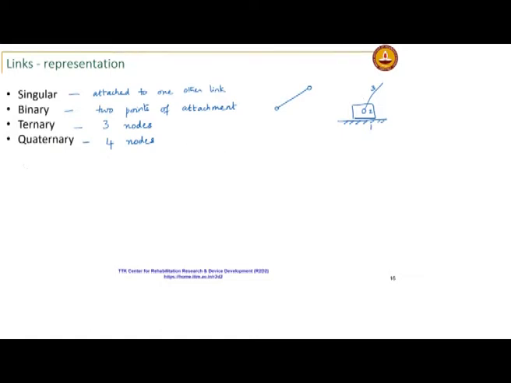A ternary link would be represented in the following ways. You could have this, and typically when you want to indicate it is a single link, you either show it in terms of welds or you shade the entire link.